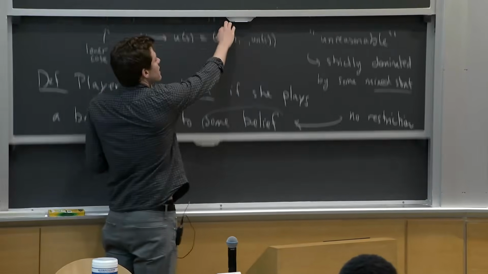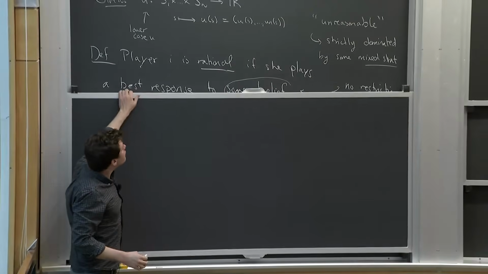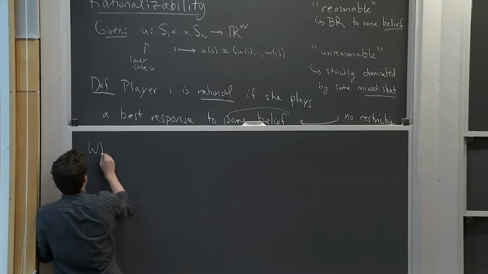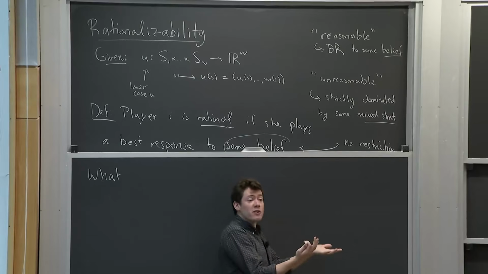But let's think a little bit, and let's say, what if not only is player I rational, but what if player I knows or believes that the other players are rational too?